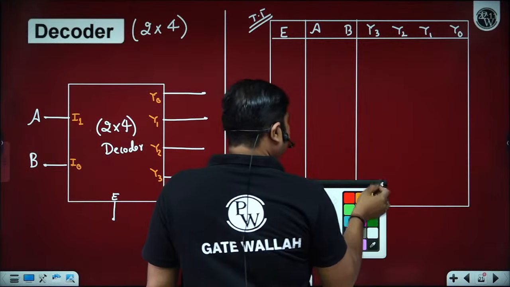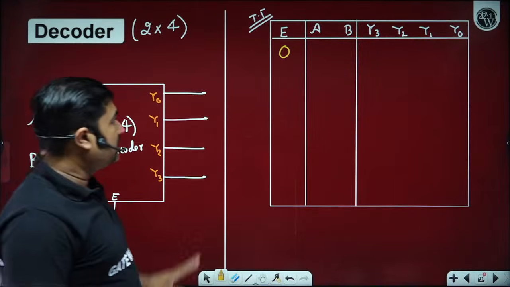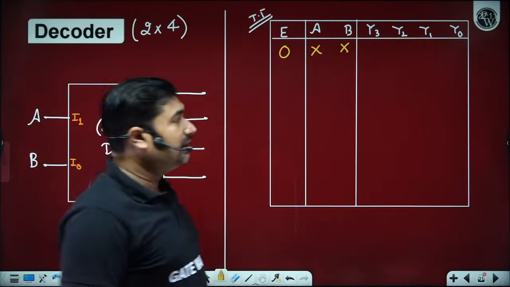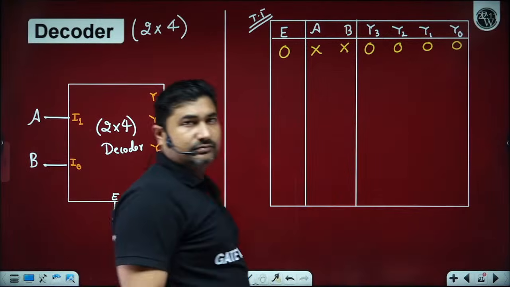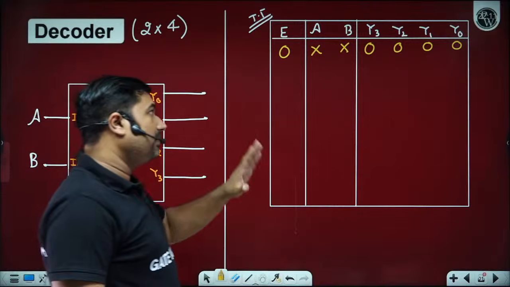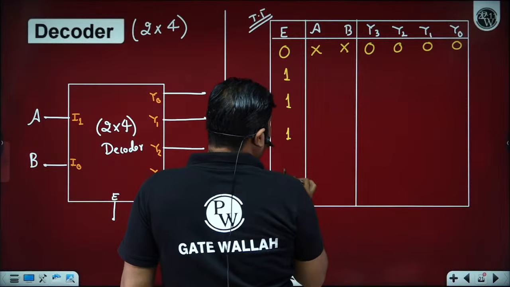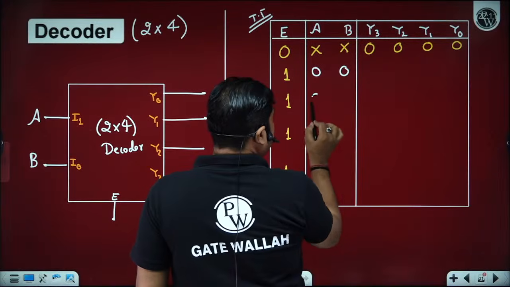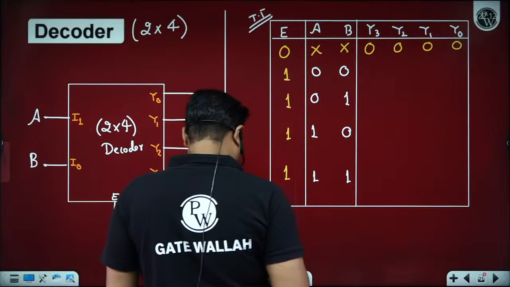In case enable is low, then this chip is disabled. If this chip is disabled, irrespective of the data applied to A or B, all outputs will remain low. If enable is high, then we have four possibilities of AB: 0 0, 0 1, 1 0 or 1 1.